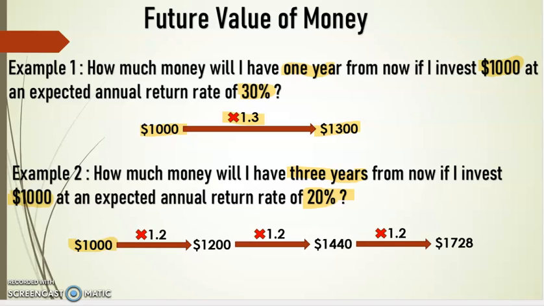Then you get 1,200 in the first year. Again, the first year result multiplied by 1.2 gives you 1,440 in the second year, and again multiply by 1.2. You get $1,728. This is a very tedious way to do this question, but we have a simpler way to do these questions in the next couple of slides.